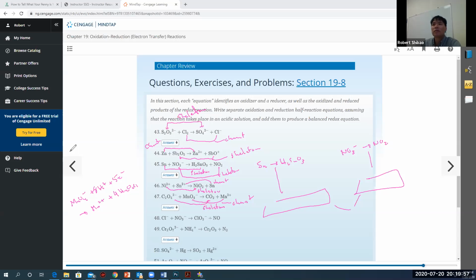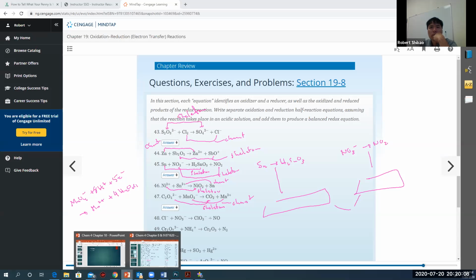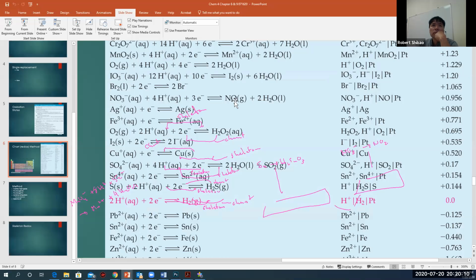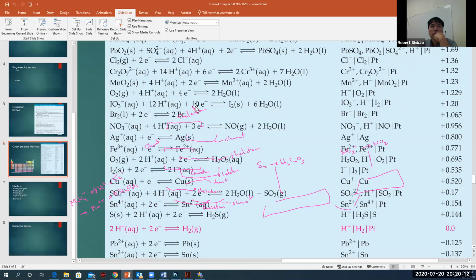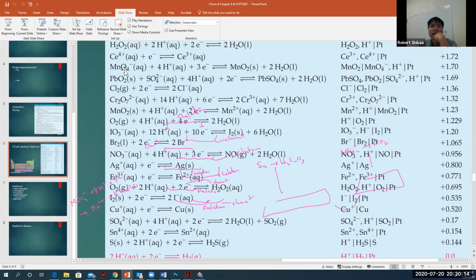I just copy it off the chart. We copy it off the chart, which is fine. We get the exact same. Permanganate. Oh, this is the wrong one. This is going to MnO2.